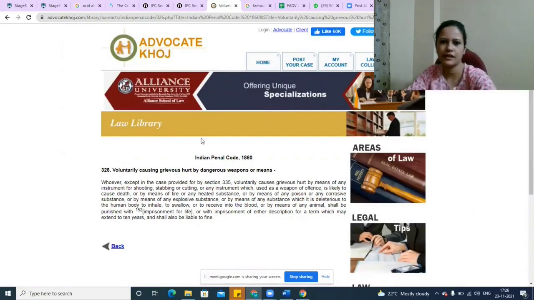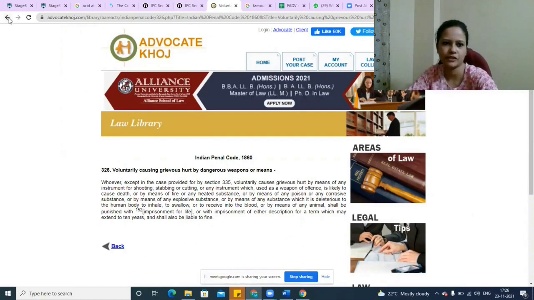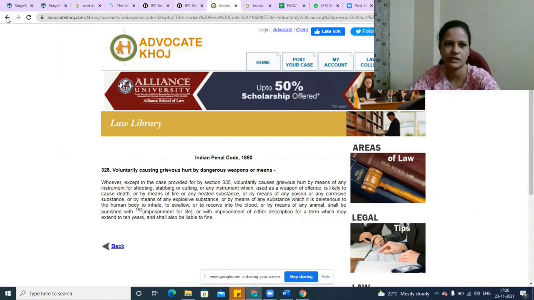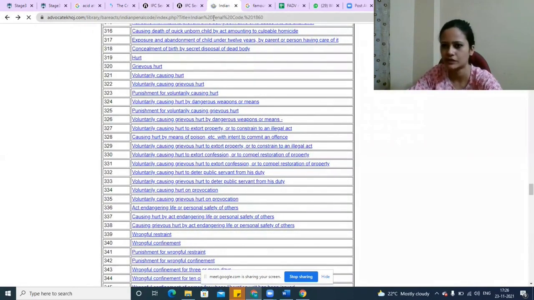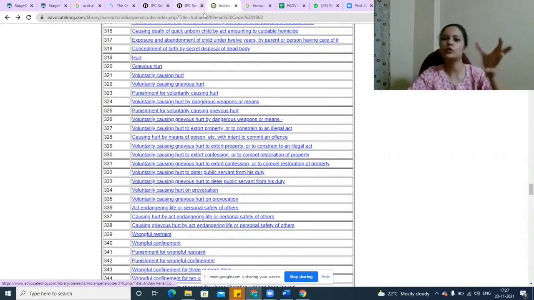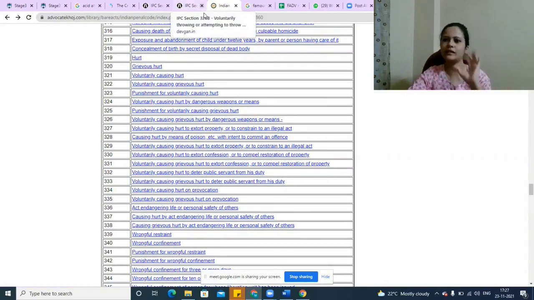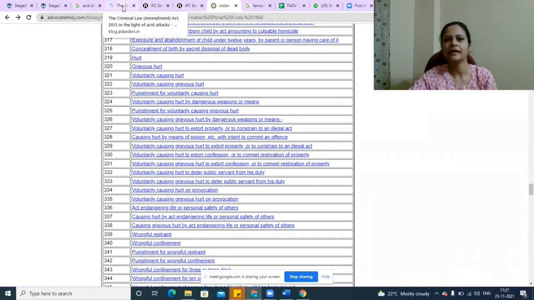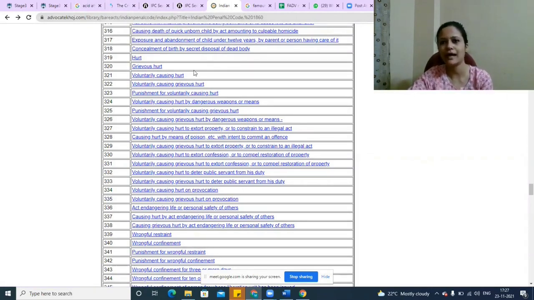So see, we have one provision under IPC, which is voluntarily causing hurt and voluntarily causing grievous hurt. Previously, acid attack was included under that, like causing hurt or grievous hurt to a person. But then it was realized that we should have at least one separate provision.